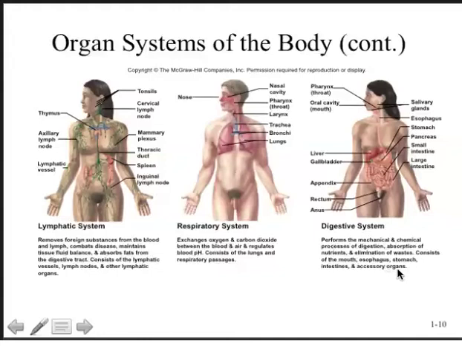It's made up of the mouth, the esophagus, the stomach, the intestines, both large and small, and the accessory organs, which include the salivary glands, the liver, the gallbladder, and the pancreas. And of course, we can't leave out the stomach.